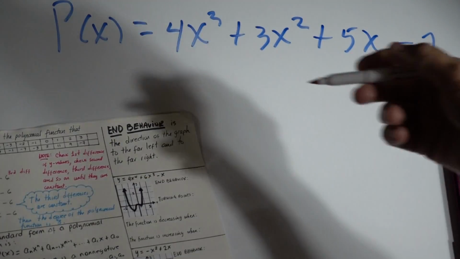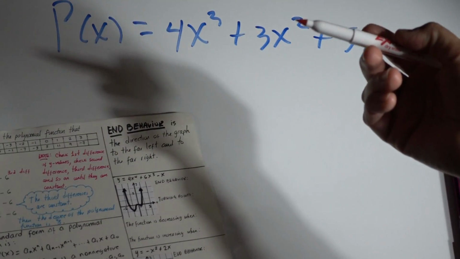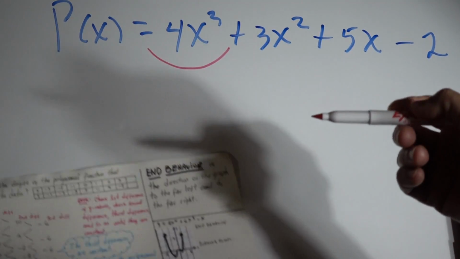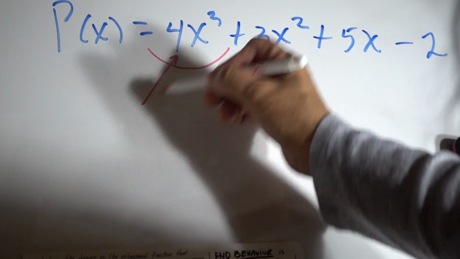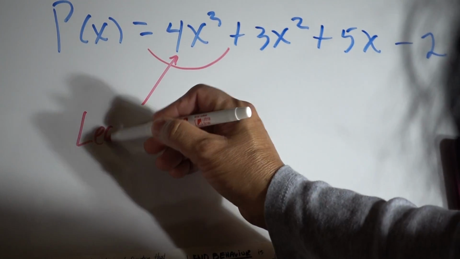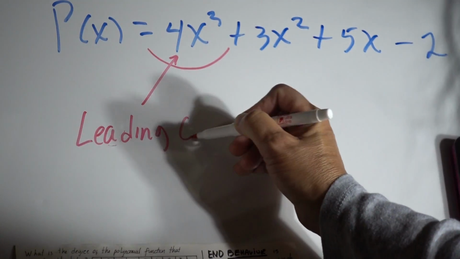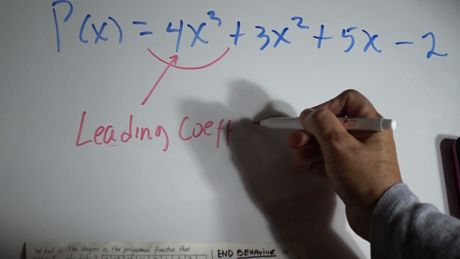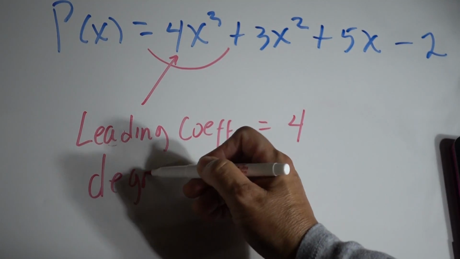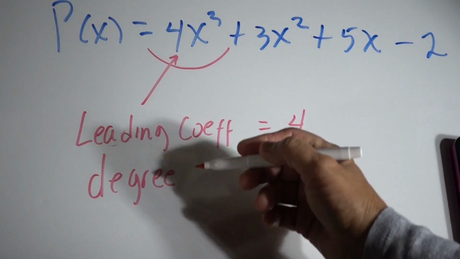Determine the leading term, which in this case is in descending order. Not all the time it's in descending order, but in this case it is. So this is the leading term, and the leading coefficient is equal to 4, and the degree of the polynomial is 3.